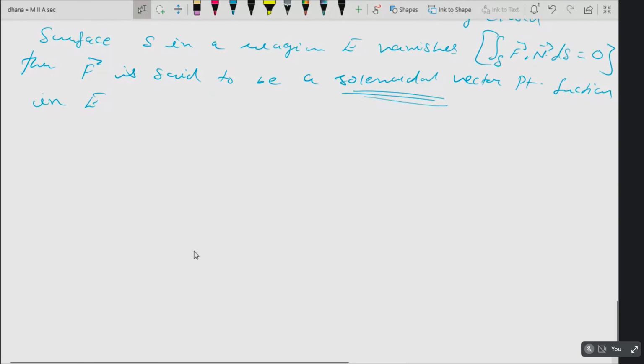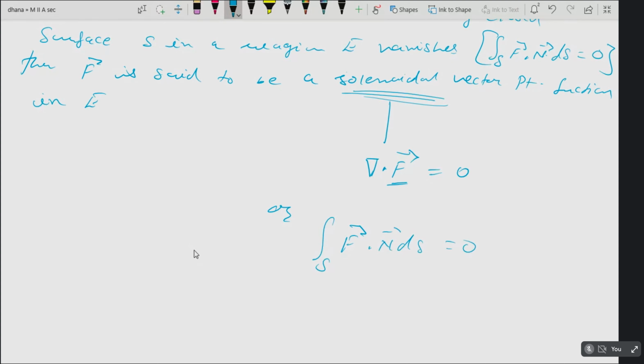Yes. In the fourth unit, you learned that a vector is said to be solenoidal if the divergence, that is del dot F bar, is equal to 0. Then you say that F bar is a solenoidal vector. And here, according to this statement, F bar is a solenoidal vector if the value of the surface integral is equal to 0.